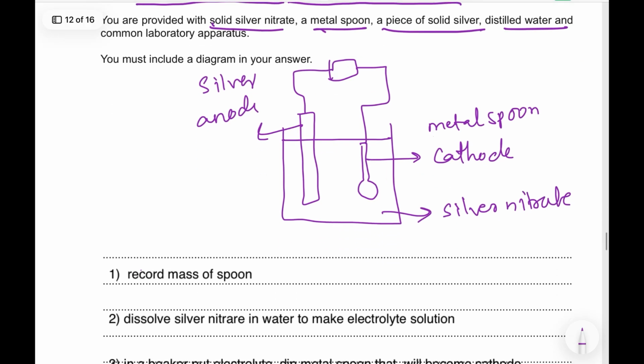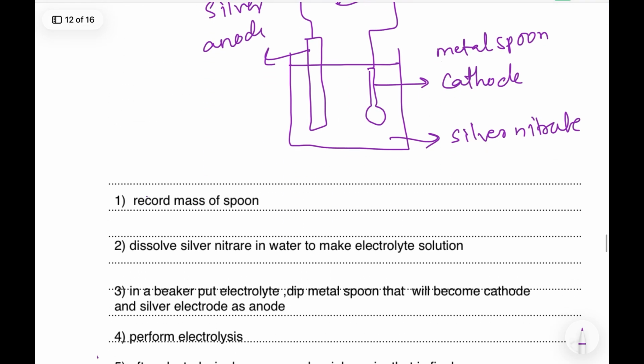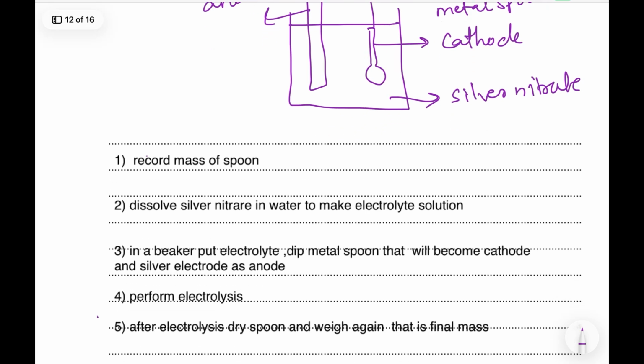Because we have to find out the mass of silver electroplated on the spoon, first of all, before we start our experiment, we have to take the initial mass of the spoon. Then we will make the electrolyte solution by dissolving solid silver nitrate into distilled water.